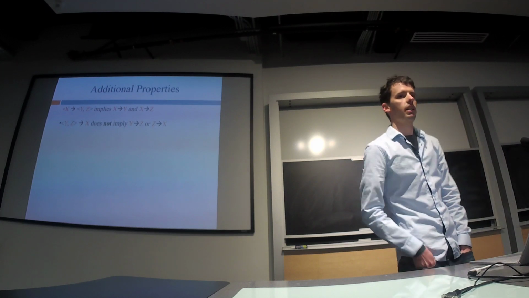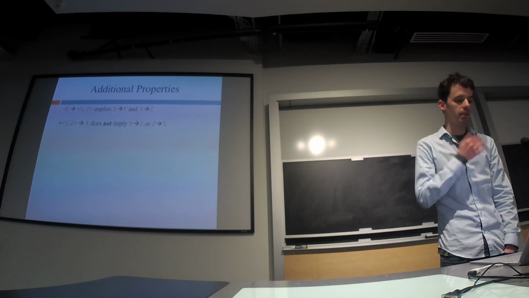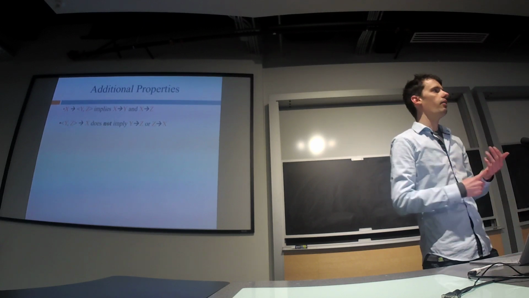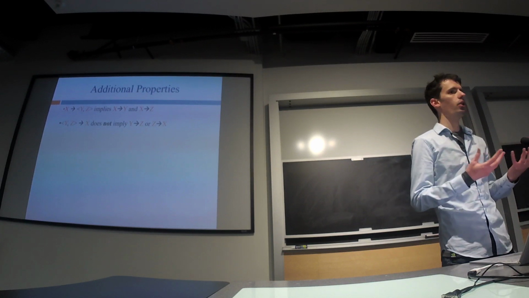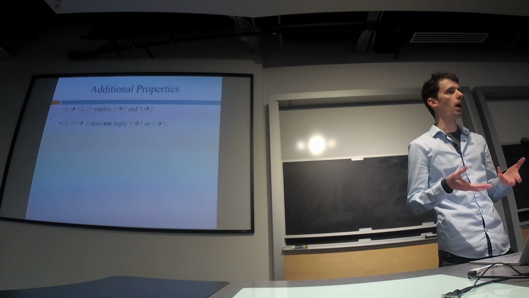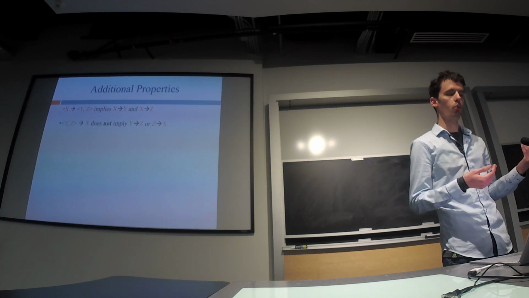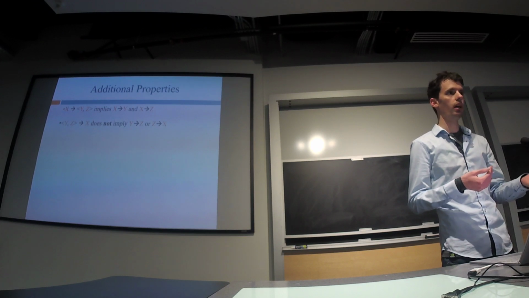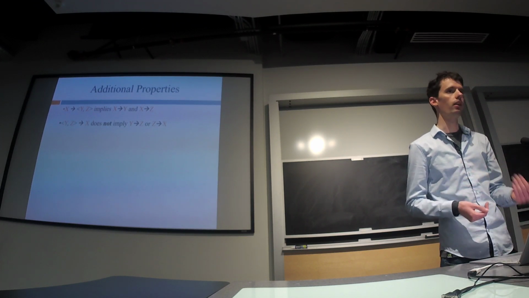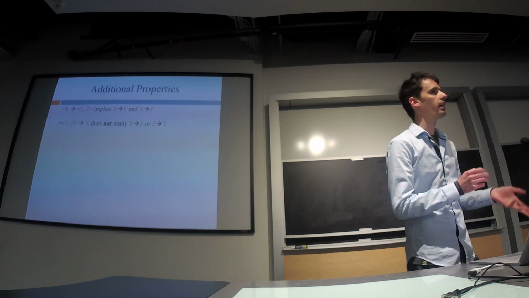Some additional properties come out of those axioms. If there's a functional dependency from X to the complex Y and Z, then that also implies that there's one from X to Y alone and one from X to Z alone, but not the other way around.